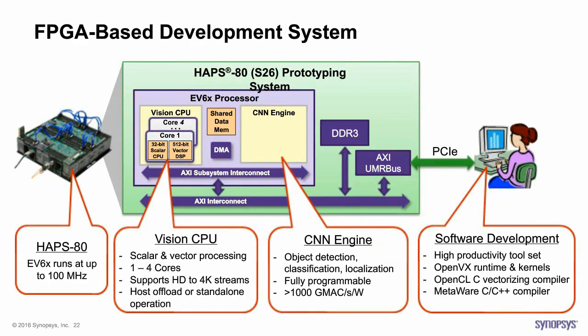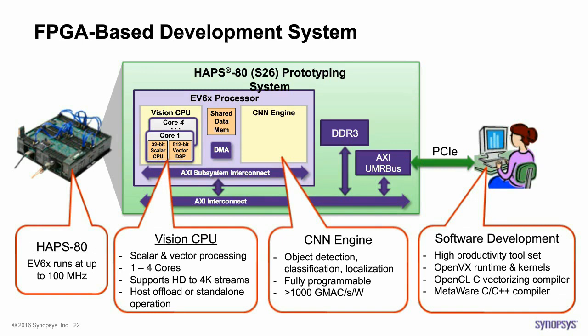We have full support for an FPGA-based development system using the Synopsys HAPS-80 system. We actually give you the scripts for the EV6 processor, so you can easily program that into the FPGA on the HAPS system, and you can actually build your whole system with HAPS if you want, or you can just model the vision processor.